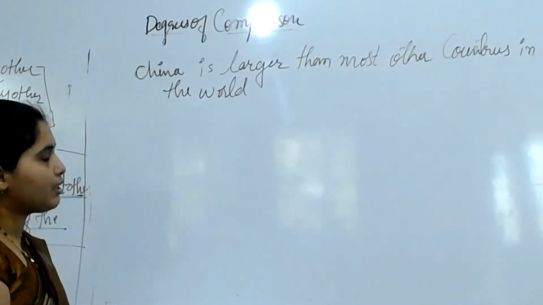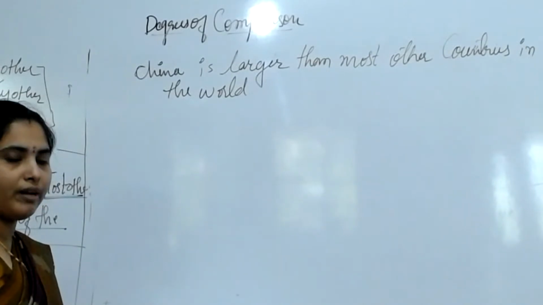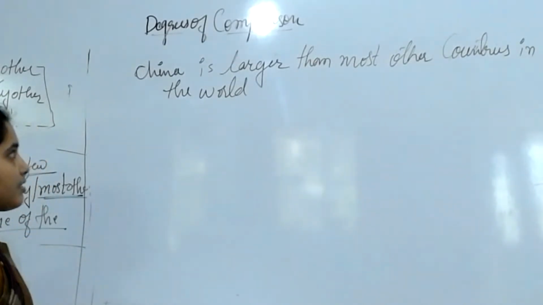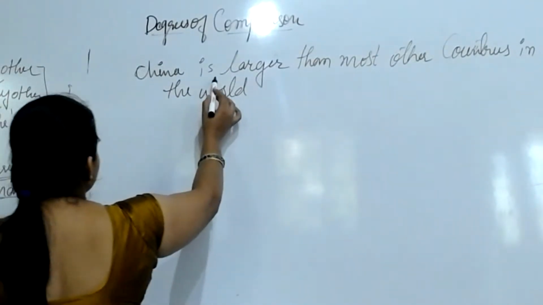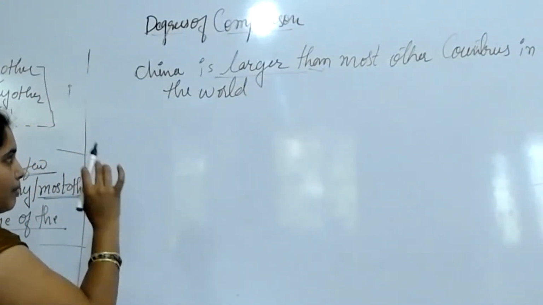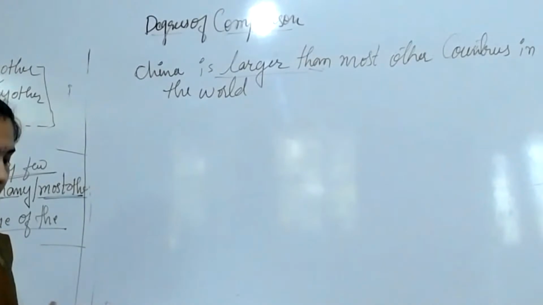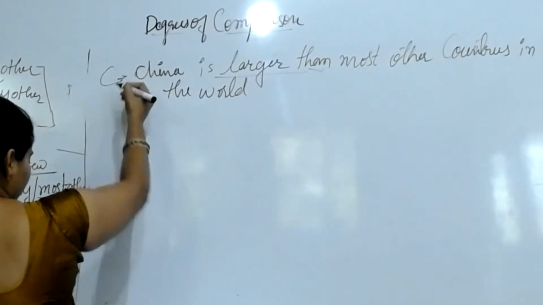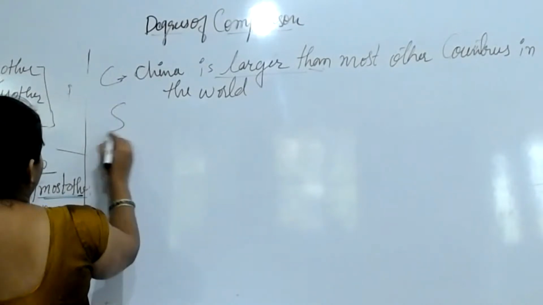So now, the first thing you have to do here is find out which degree it is. Now, this is comparative degree because it has larger plus than, right? If the sentence has than, then only you can confirm it is a comparative degree. This comparative degree you have to change first into the superlative degree.